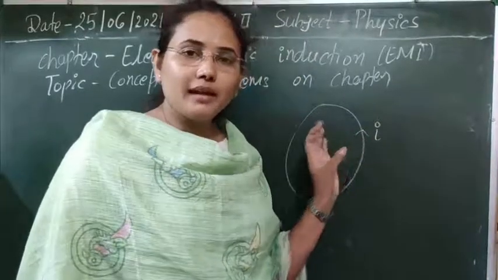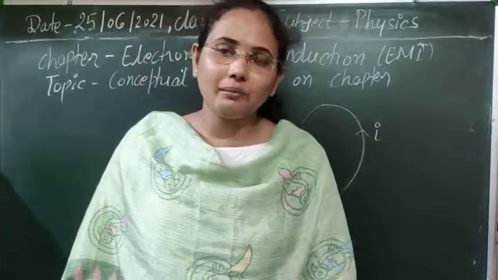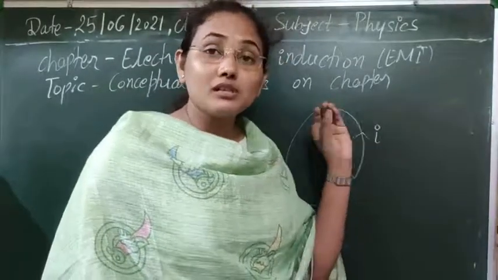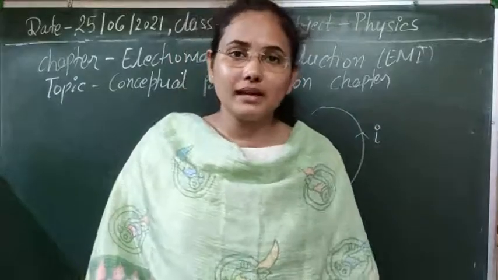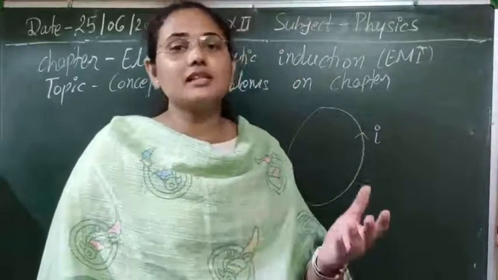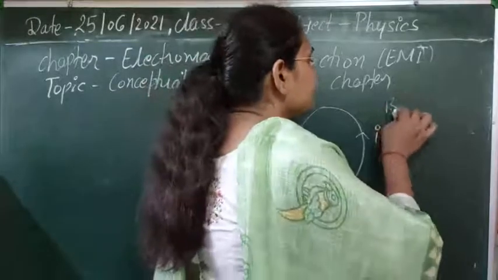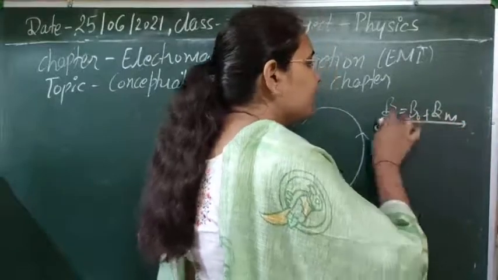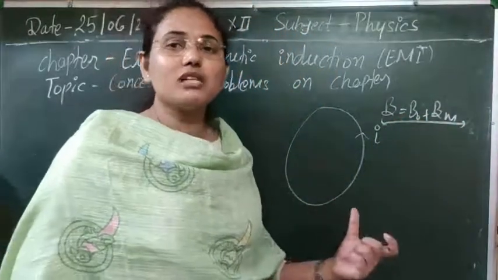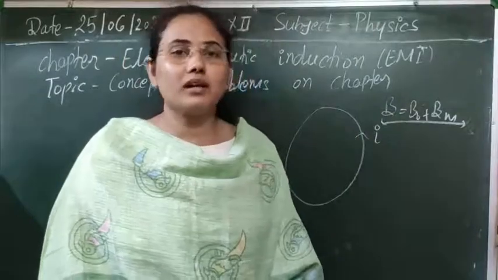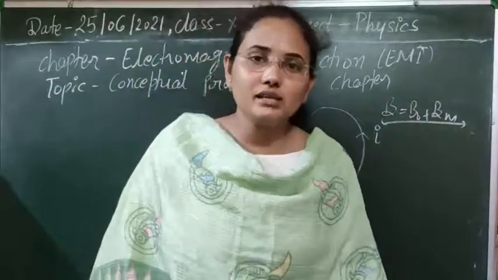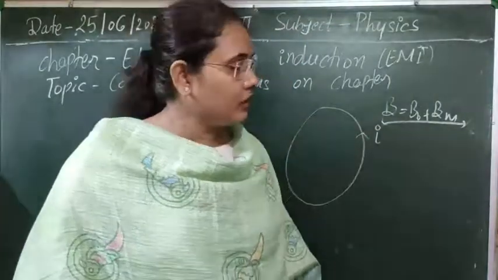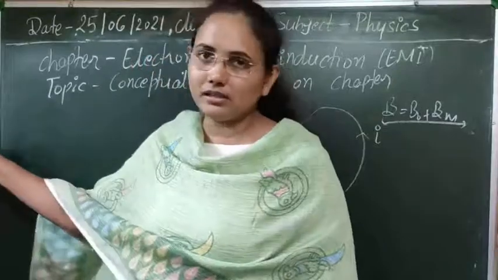But when you put an iron bar here, the current through which the magnetic field is produced will try to produce some induction inside the iron, and due to that the field will change. You know that the net field here is given by B0 plus Bm. So as the field changes due to induction, the flux will change again, and due to the change in flux we will have a different self inductance value here. So simply due to the induction phenomenon we get such a change in the self inductance in such a coil.